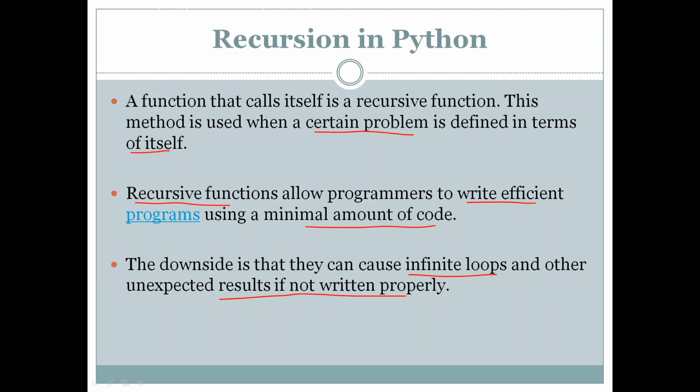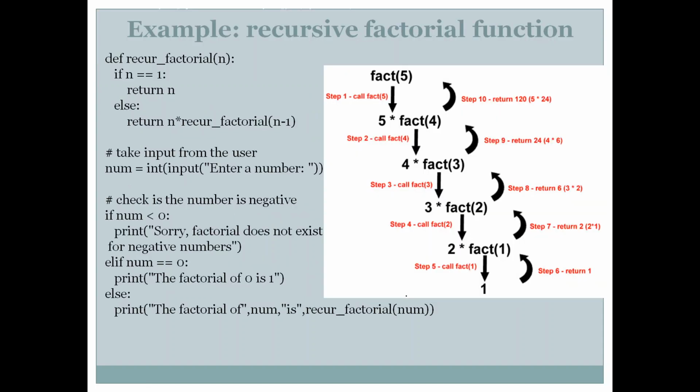Okay, so to understand the recursive function, let us look at one simple example. This is a recursive factorial function. This function can be used to calculate the factorial of a number in a recursive way. You might have studied an iterative way of calculating the factorial.